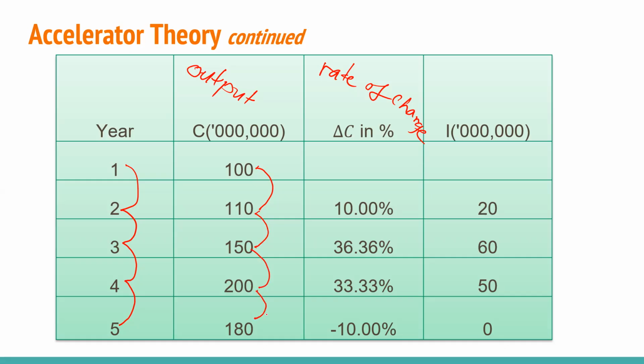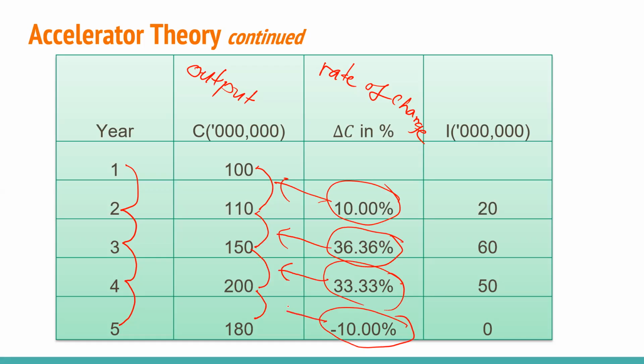If subsequently we are able to track the rate of change in this output or consumption expenditure, for example, as 10%, and you can do this empirically, 36.36%, 33.33%, and lastly, negative 10%.